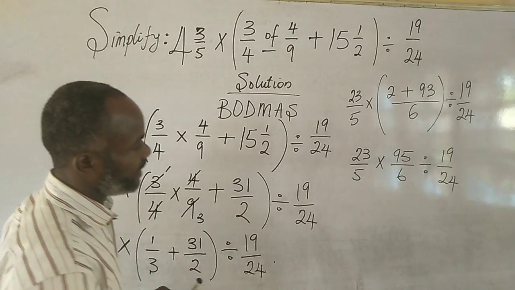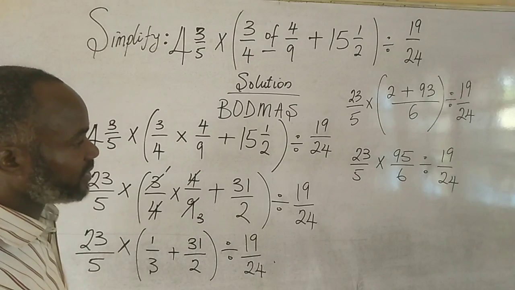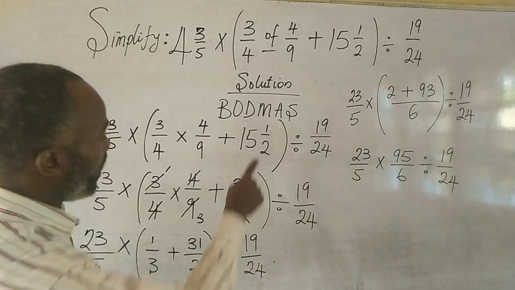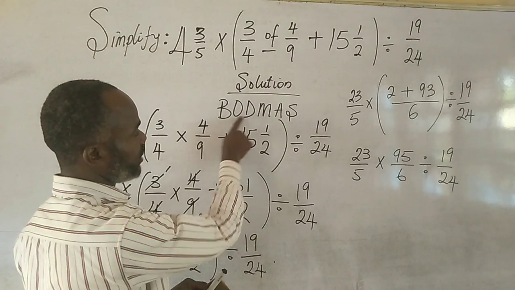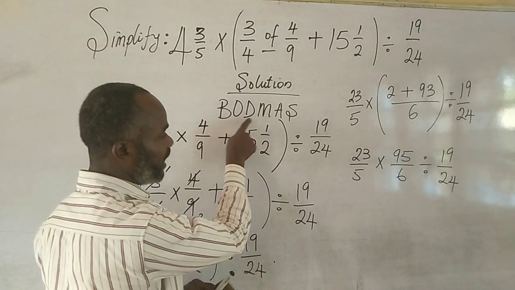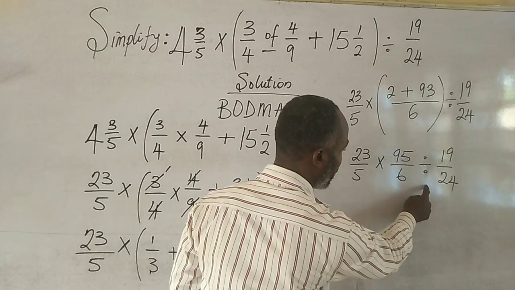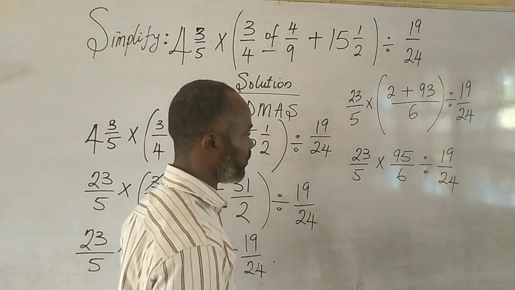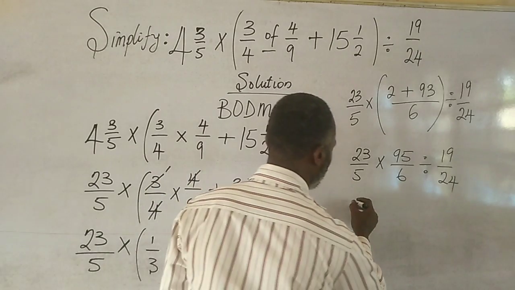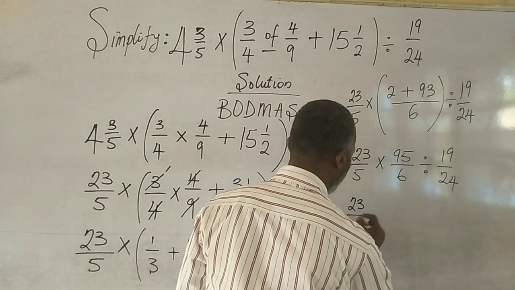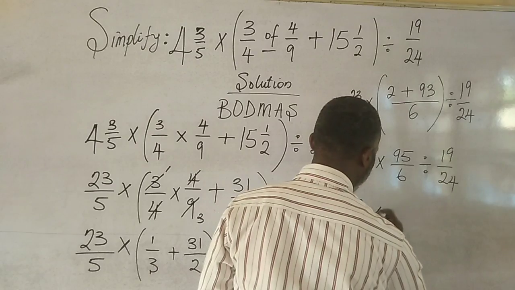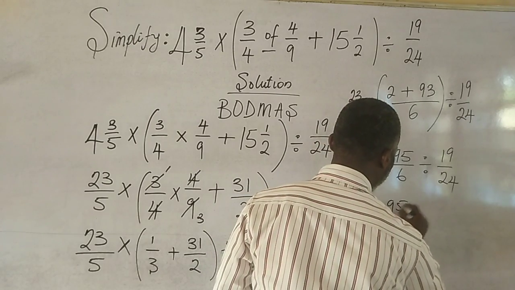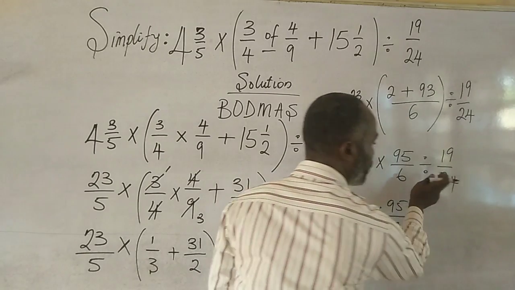So let's see that once again. All right, now according to BODMAS, division sign. We are done with brackets, we are done with of, it is division. So what happens here is something we should take note of. It becomes 23 all over 5 times 95 all over 6.